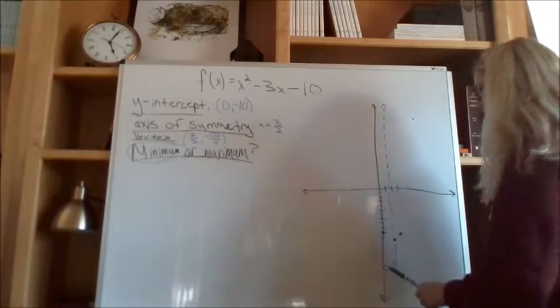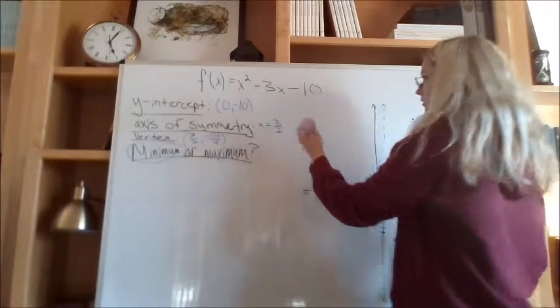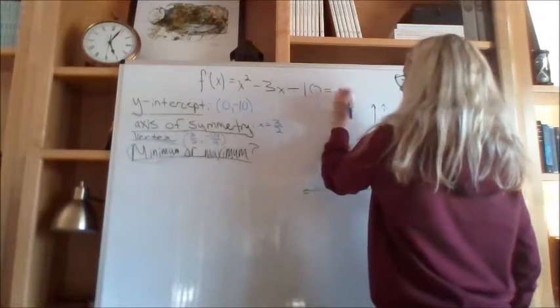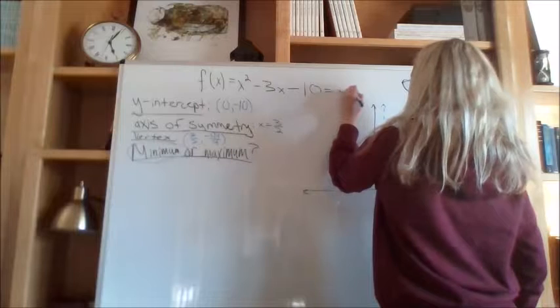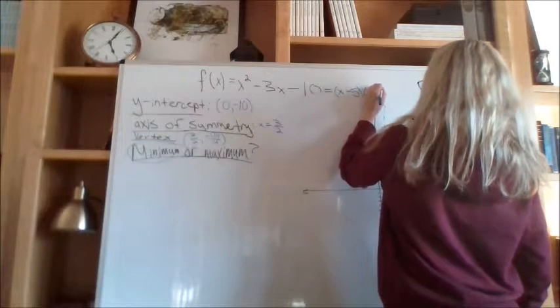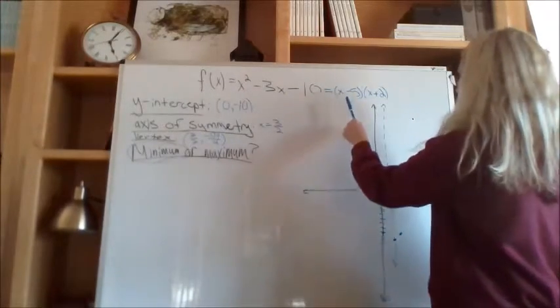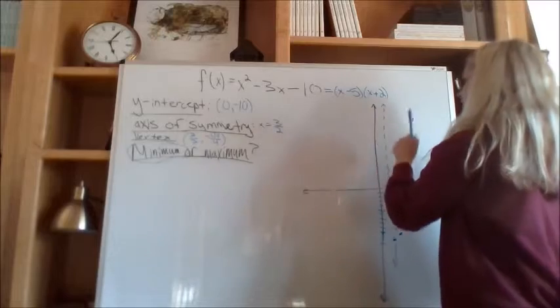If you look at this parabola here, you can see that we can factor this very easily to (x minus 5)(x plus 2). So now we know that if we plug in 5 and if we plug in -2, then we get 0.